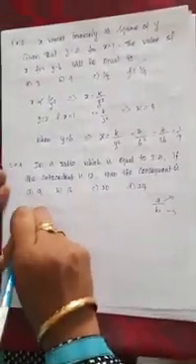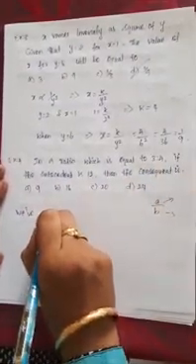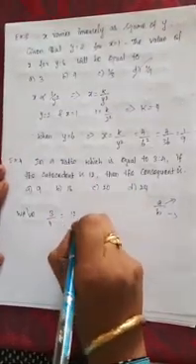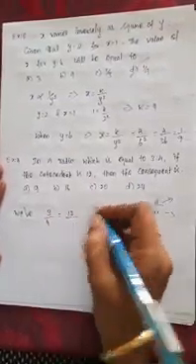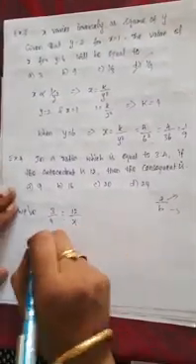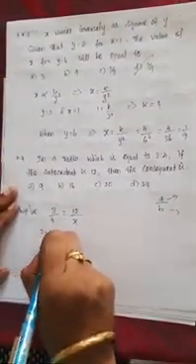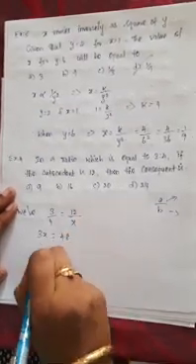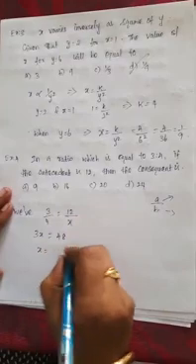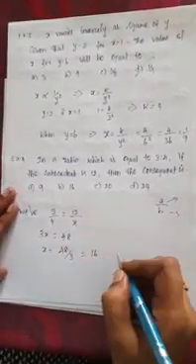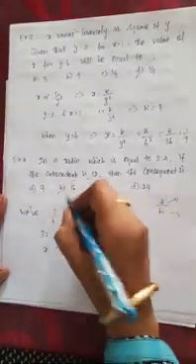We have the ratio 3 is to 4, that is 3 by 4 is equal to antecedent 12 over the consequent. Find the consequent. So let it be x. So multiply this, 3x is equal to 12 into 4, that is 48. So x is equal to 48 by 3, which is 16. So the answer is 16.